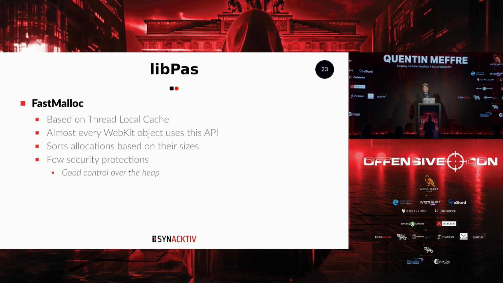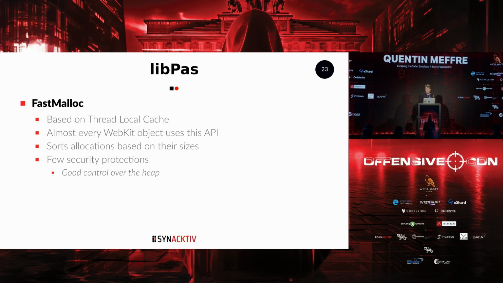So fastMalloc is based on a feature named the thread local cache, which is used for performance reasons, to avoid doing some locking when you allocate or deallocate objects. And almost every WebKit object uses the fastMalloc API to allocate memory.